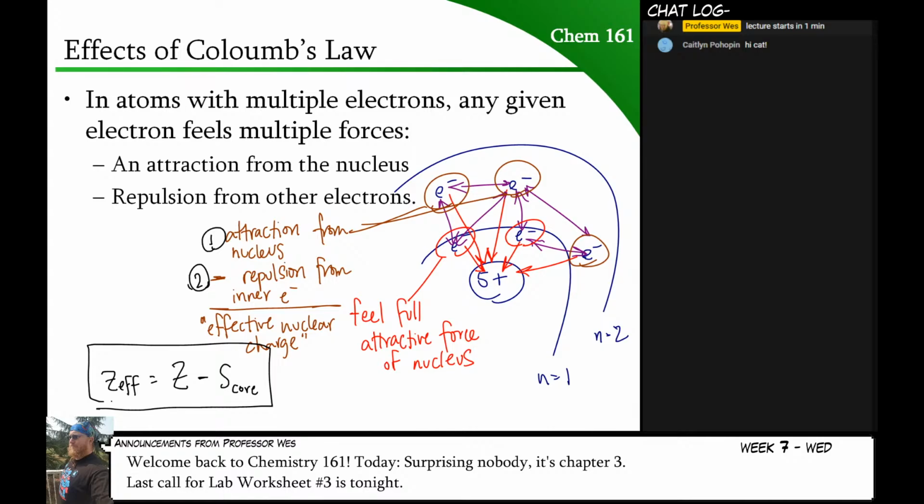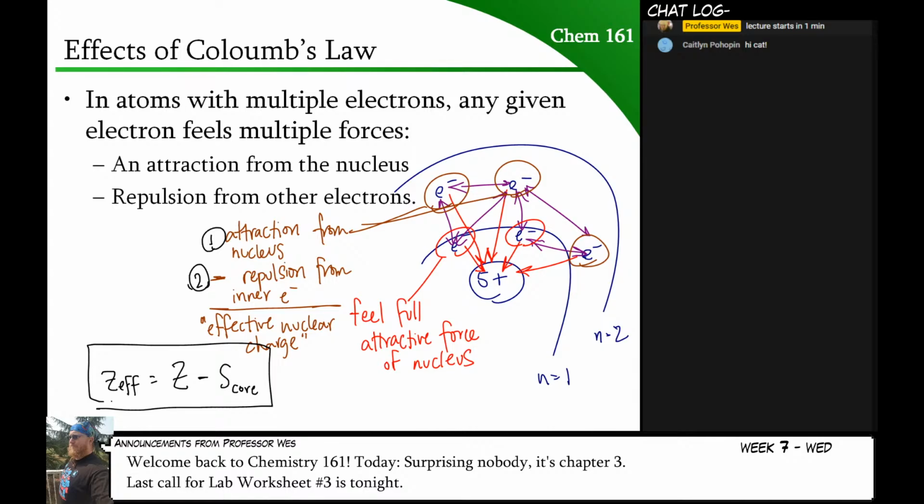So in other words, if I have 5 protons pulling my electrons in, but there are 2 electrons closer to the nucleus than me, 2 of those electrons effectively shield out 2 protons worth of charge. Because I'm attracted to those protons, but I'm repelled by electrons with an equal amount of force.